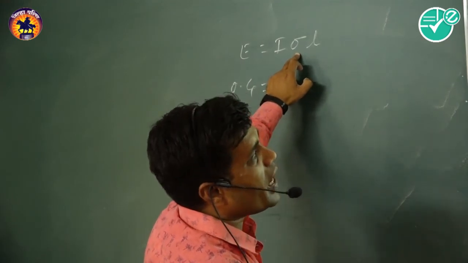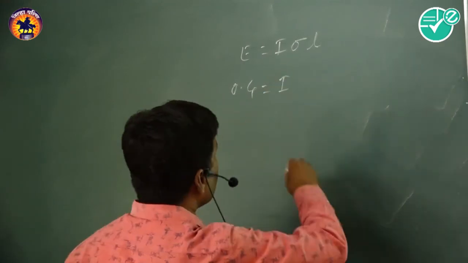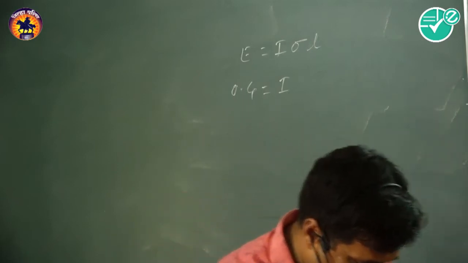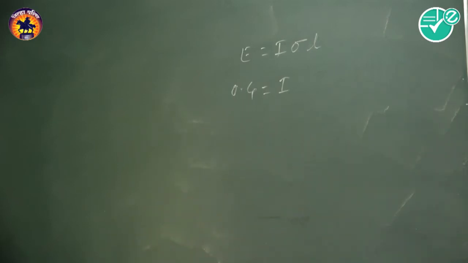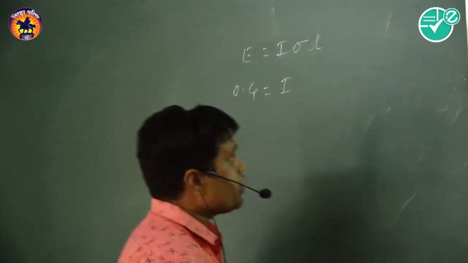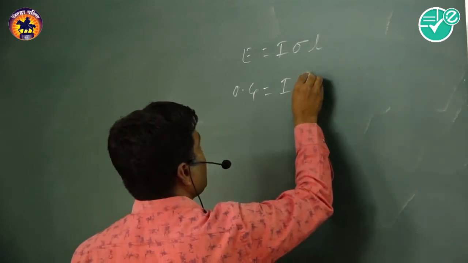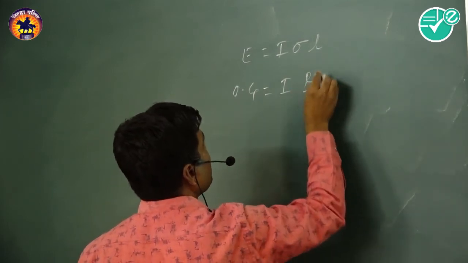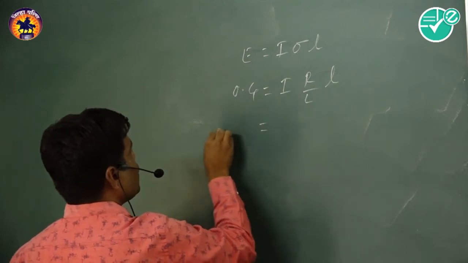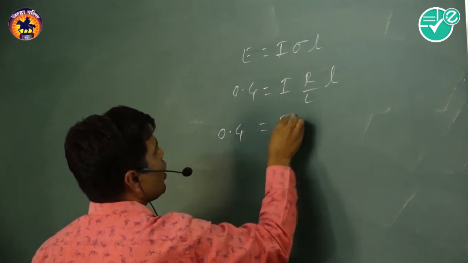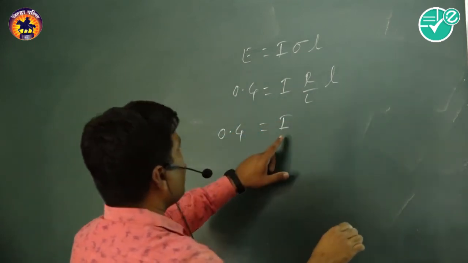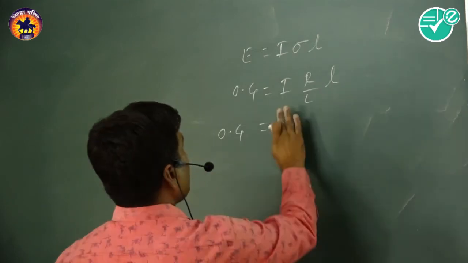The resistance of the wire is 5 ohm, so sigma is equal to R by L. So 0.4 equals, here we have to calculate I, which is V by R.